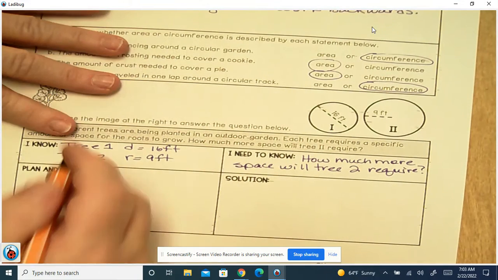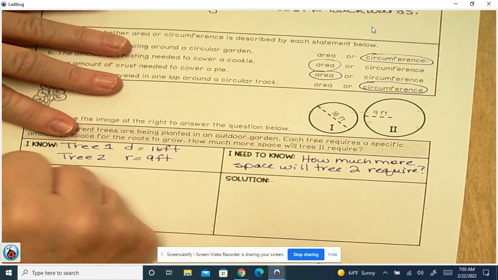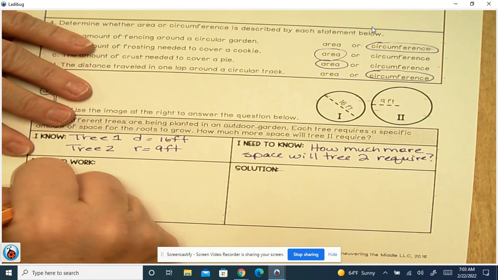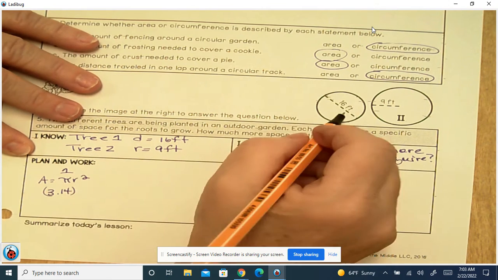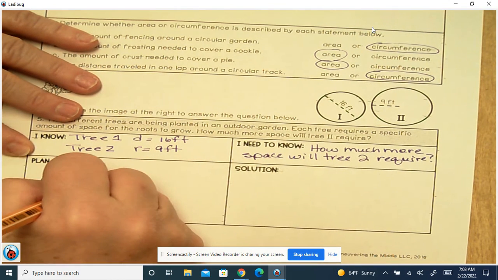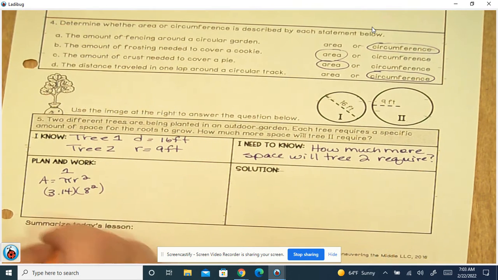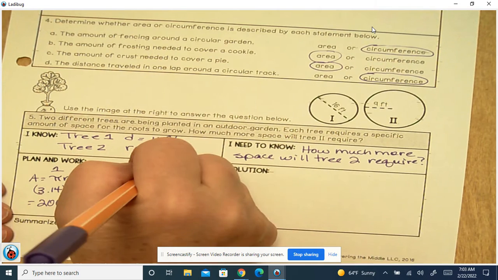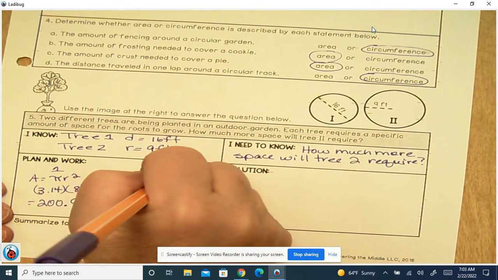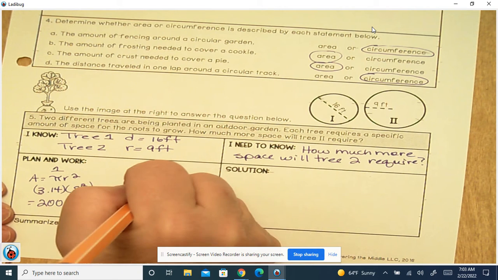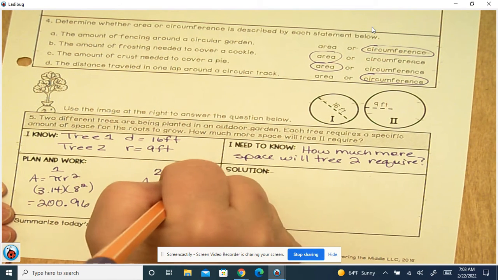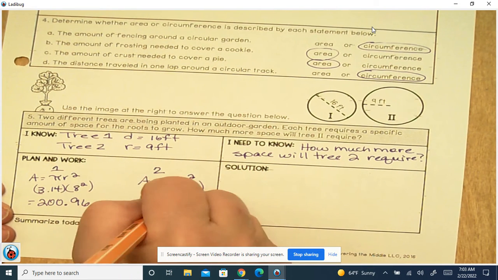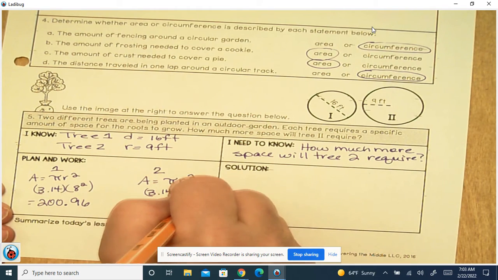All right, and to work that out, for tree 1, area equals pi r squared. You get 3.14. Remember, diameter is twice the radius, so half of 16 is 8, which would be 8 squared. You put that in the calculator, that equals 200.96. Tree 2, area equals pi r squared. You got 3.14. We have the radius, which is 9 squared. And you enter that in the calculator, and you get 254.36.